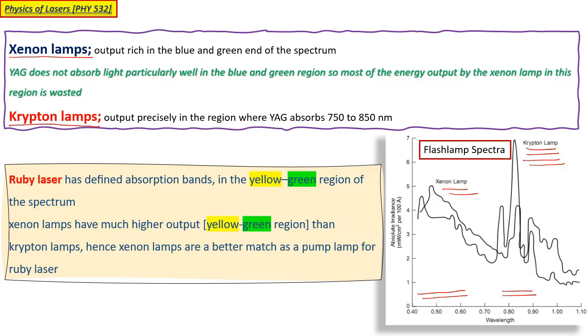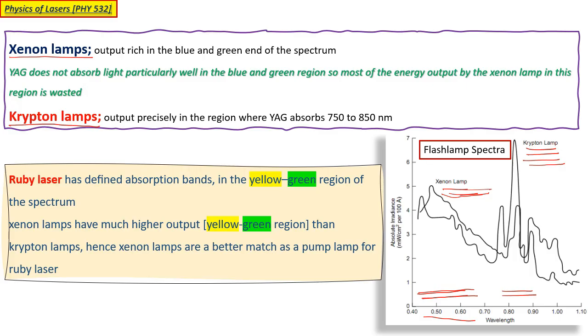So blue, green, or something in this region. Even though you can see it's a white light, this region is strongest. So it means if we use the xenon lamp as a pump source for the YAG laser, it will not work efficiently because it's not matching with the absorption band of the YAG laser.